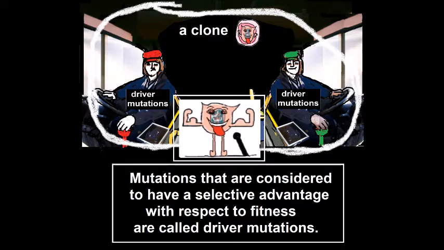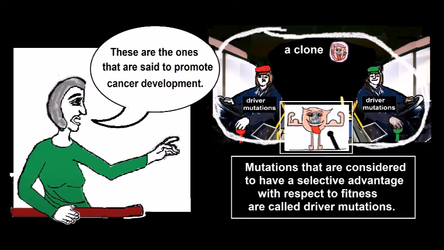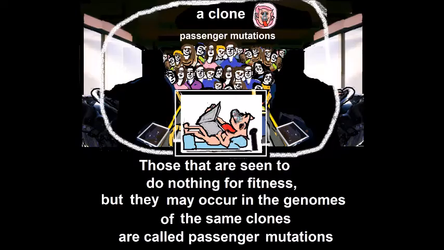Mutations that are considered to have a selective advantage with respect to fitness are called driver mutations. These are the ones that are said to promote cancer development. Those that are seen to do nothing for fitness, but they may occur in the genomes of the same clones, are called passenger mutations.